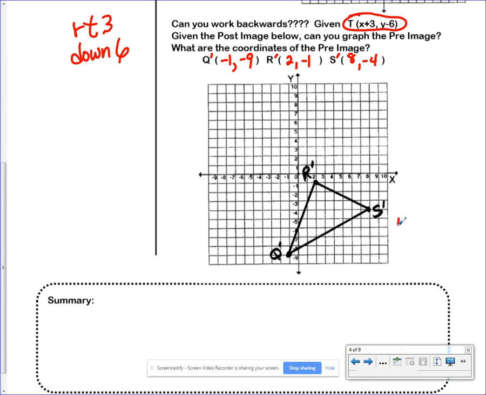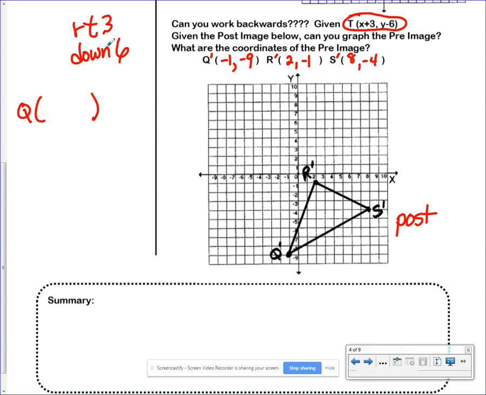Now, this is the post-image. I want to go backwards and figure out where was my original pre-image? Where did I start? My original Q, and let's write these over here. My original Q point was somewhere over here because then I added 3 and went down 6, and this is where I landed.